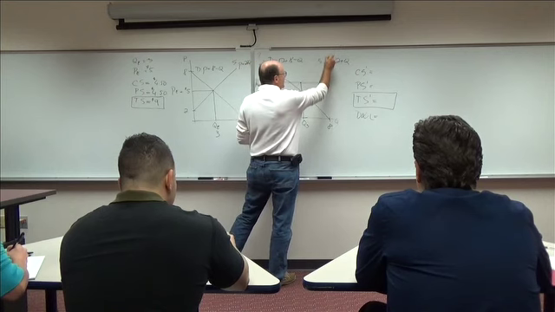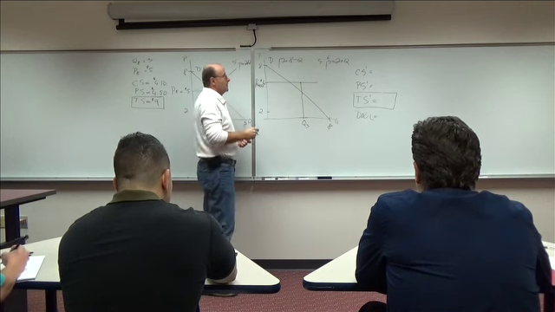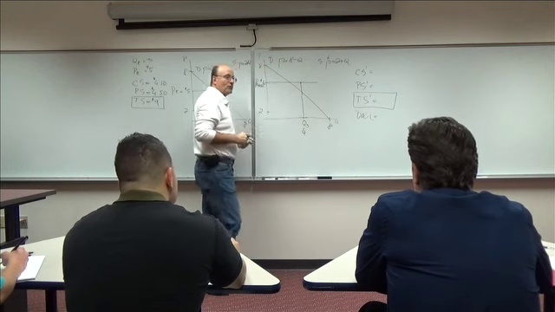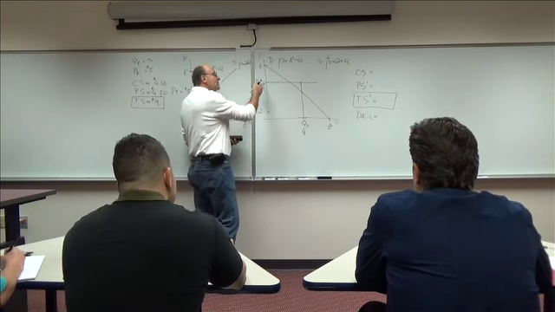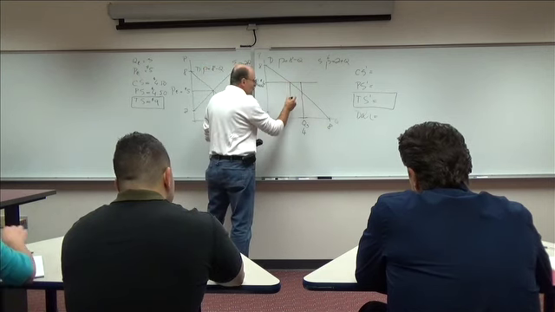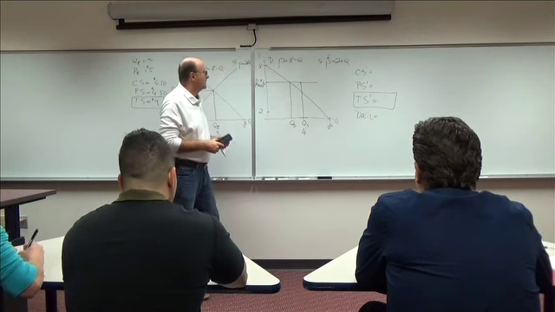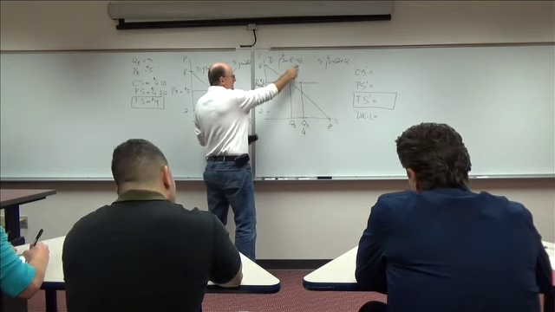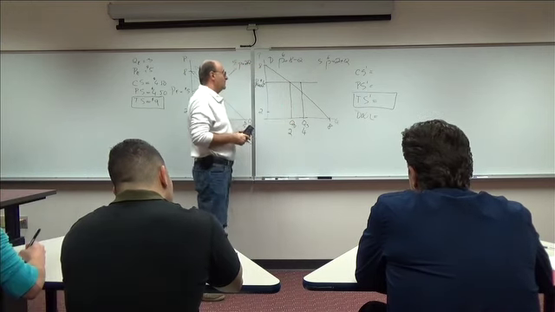At price 6, firms would like to produce how much? 4. 2 plus how much is equal to 6? 2 plus 4 equals 6, right? How do you think consumers feel about the new higher price? They don't like it. At such a high price, consumers are only willing and able to buy a quantity demanded of how much? At price 6, 2. 8 minus 2 is 6. Very good.